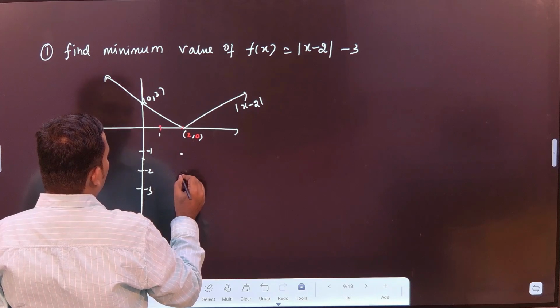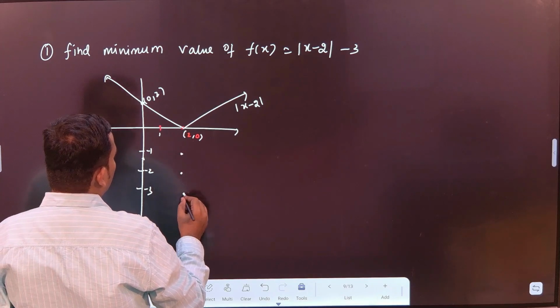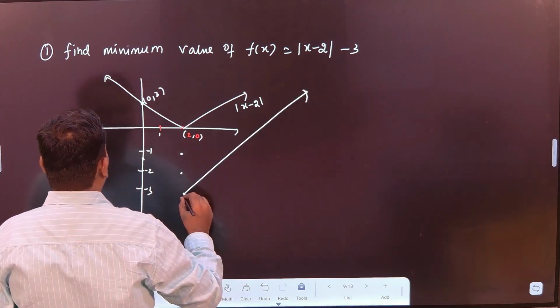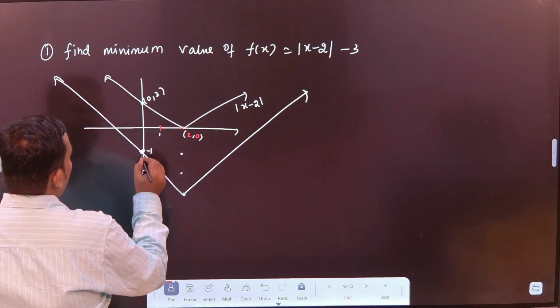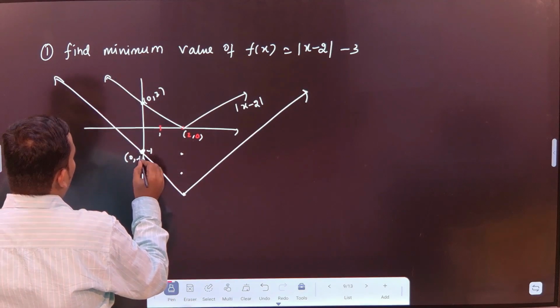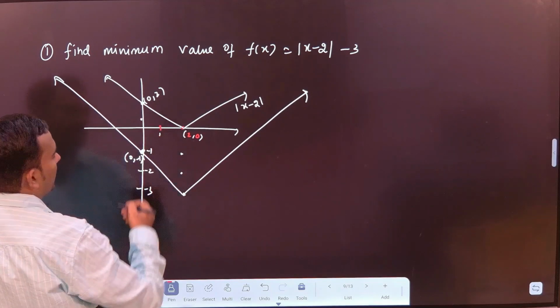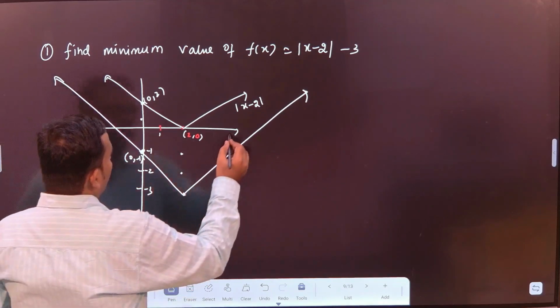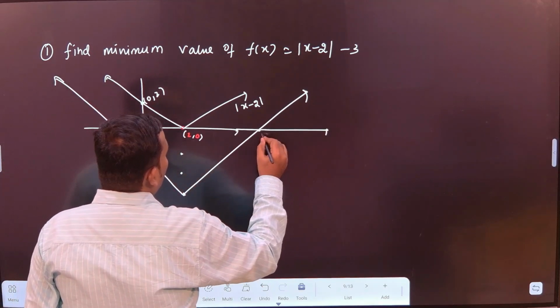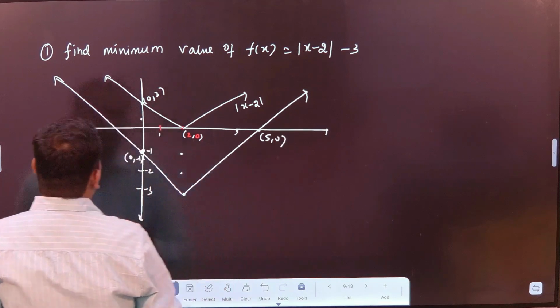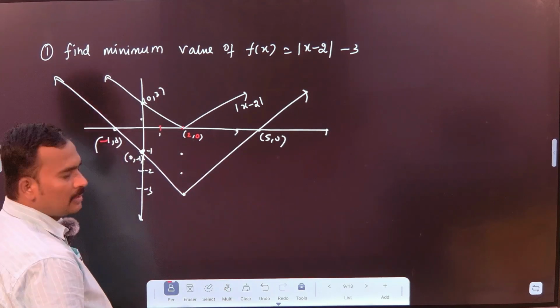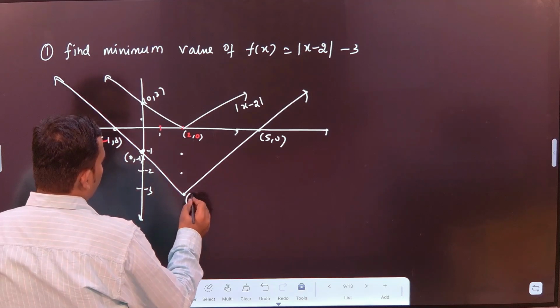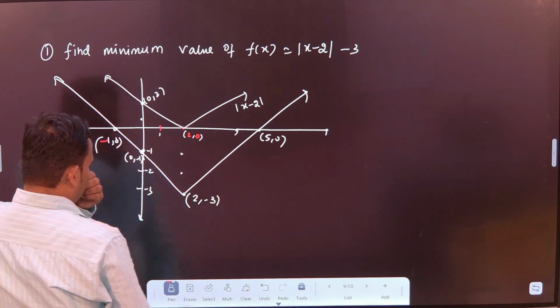So 1, so 2, 3. Right this graph, right? So it will intersect at 0 comma minus 1, because here 2 units, here 1 unit, 3 units. Here will be 5 comma 0, right? This point is what? Minus 1 comma 0, right? This is the graph. This is the 2 comma minus 3.